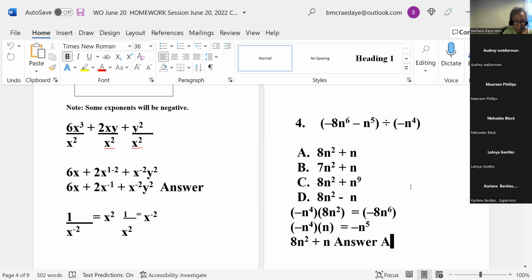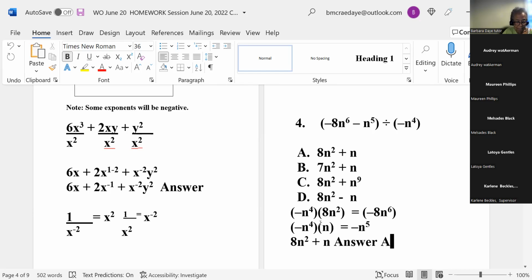You got it? Yeah. Then when we wanted to get the minus n to the 5th, and my factor is still minus n to the 4th, I know this has to be what? To get a 5, I've got to add 1 to the 4th. So this has to be n to the 1. 1 is the default, right? And signs: plus times a minus gives a minus, right?